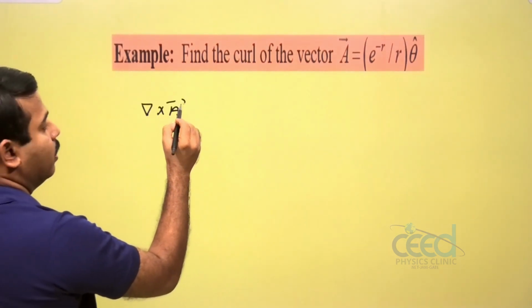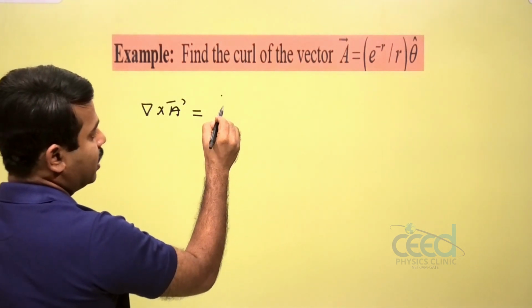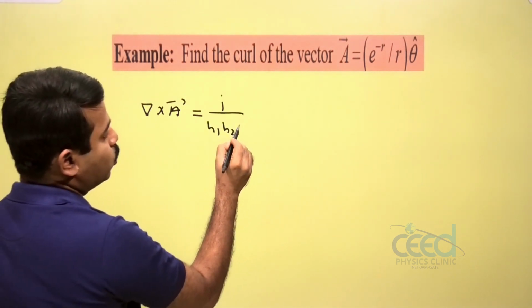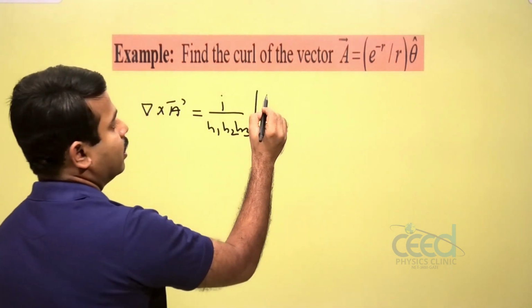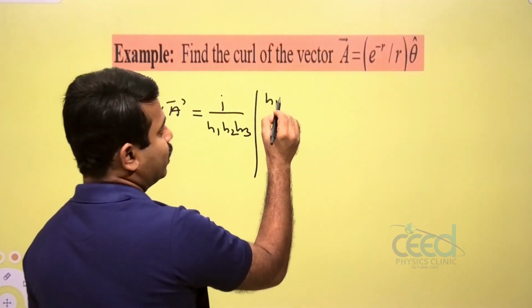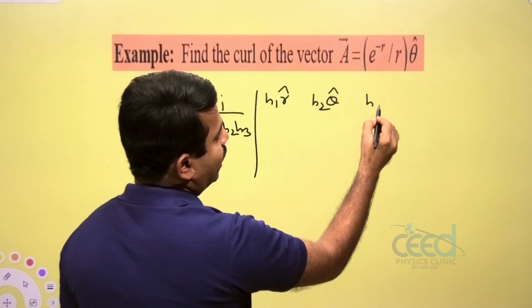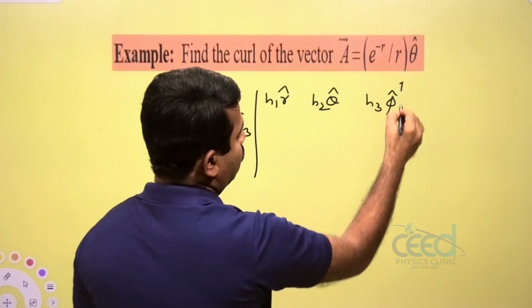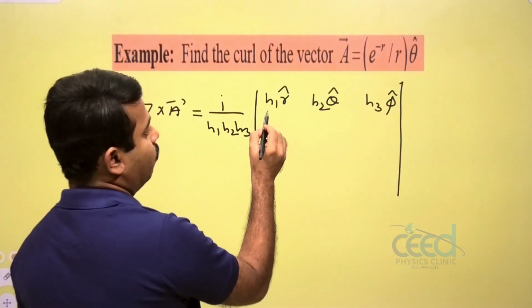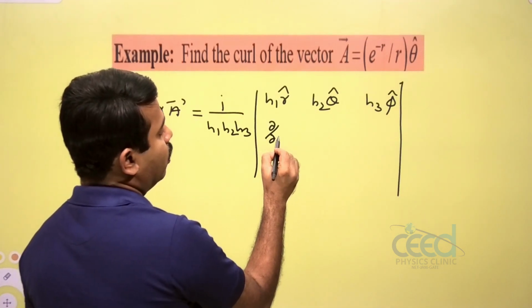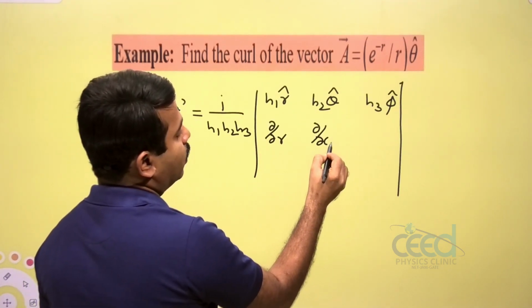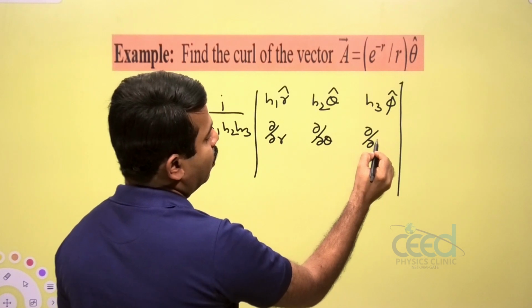Del cross A is equal to 1 by h1 h2 h3 times a determinant. Here we write h1 r cap, h2 theta cap and h3 phi cap. Then we put dou by dou r, dou by dou theta and dou by dou phi.